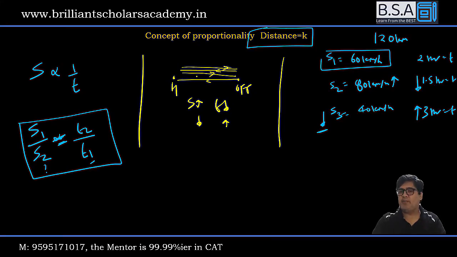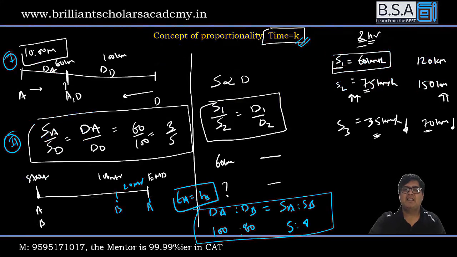Out of the three proportionalities that you saw, this is the most commonly used in examples, in mock papers, in theory, in books. In CAT, usually this is the most used proportionality, and equal time is the most commonly used in exams.